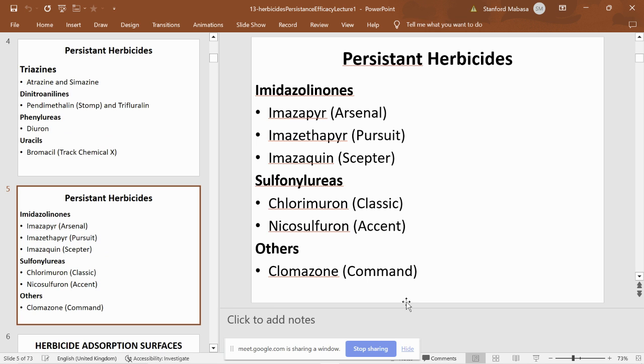Imazethapyr, imazaquin, we were not sure whether we were having such problems. Even sulfonylureas: chlorimuron, Classic; nicosulfuron, Accent; then clomazone, Command. But definitely with atrazine, we have had some problems in Zimbabwe, and there has been some research to that effect.